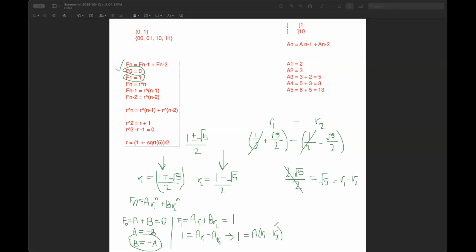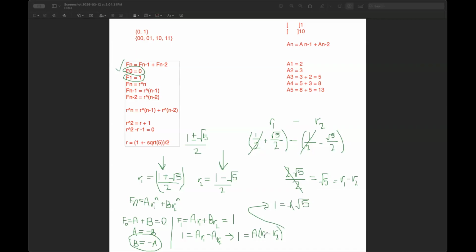So now we can plug that back into this equation, and we see that 1 equals a times r sub 1 minus r sub 2. Let me just bring this over here. We say that 1 equals a times root 5.